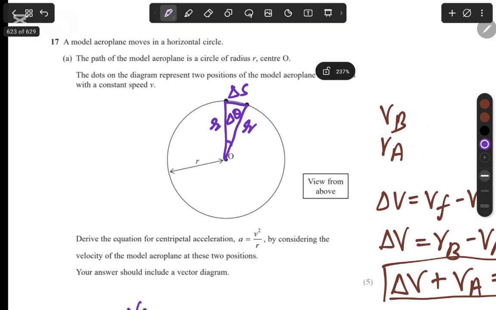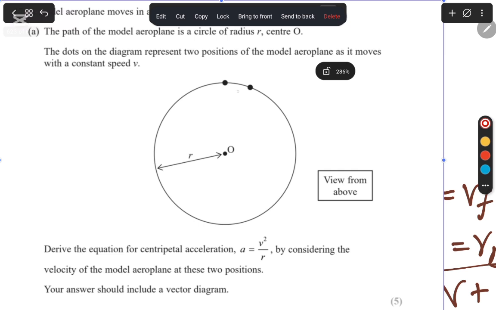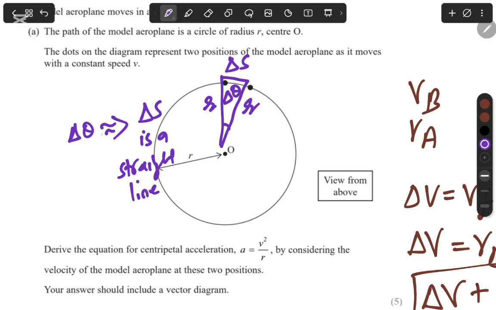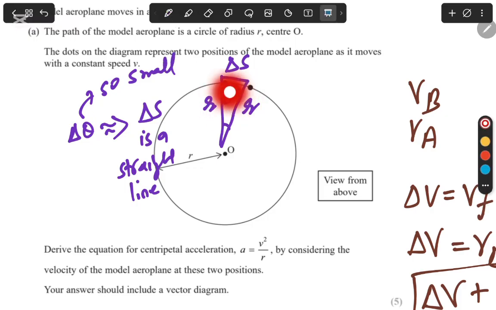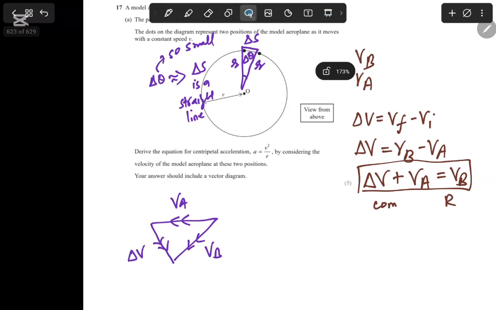What we have done here is we assume that our delta theta is so small that our change in S is a straight line. We're going to make it so small that this arc length is a straight line. So we can take it as a triangle. That's how we get the second triangle.